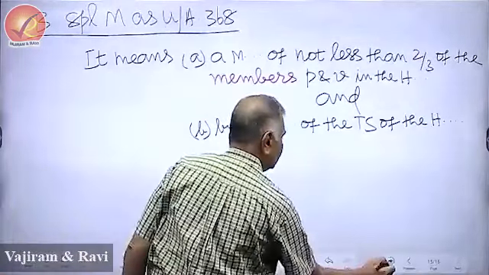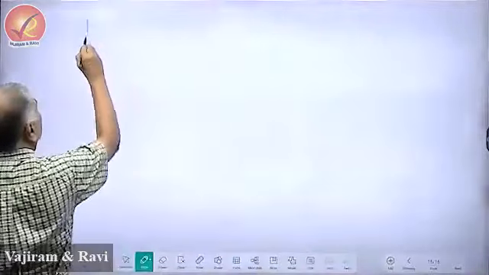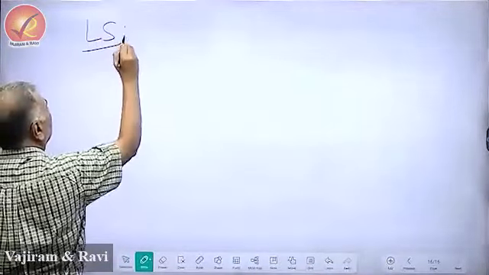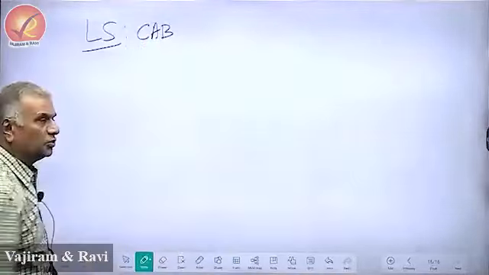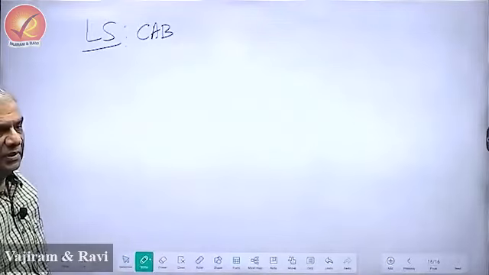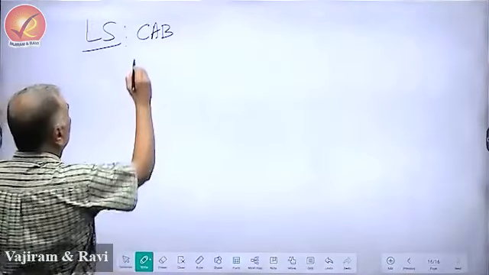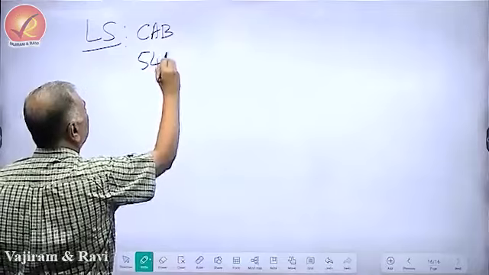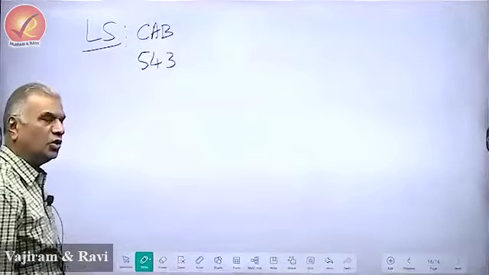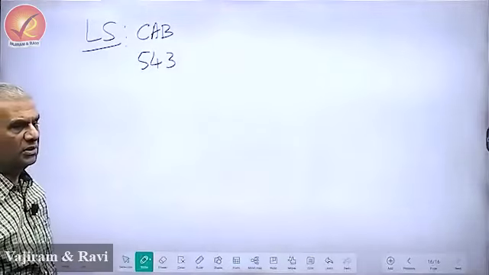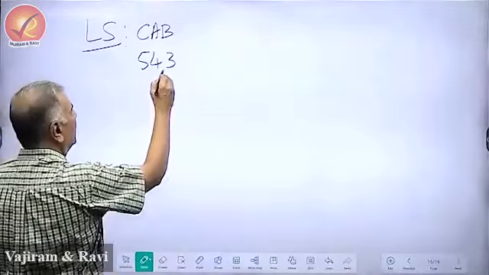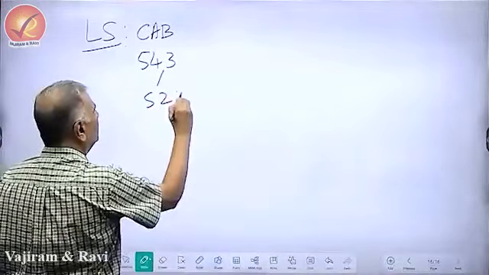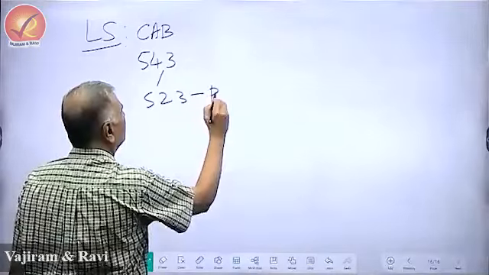For example, in the Lok Sabha, let us say a constitutional amendment bill is introduced for passage. Out of 543 members, which is the total strength of the house, let us say 523 members are present in the house.